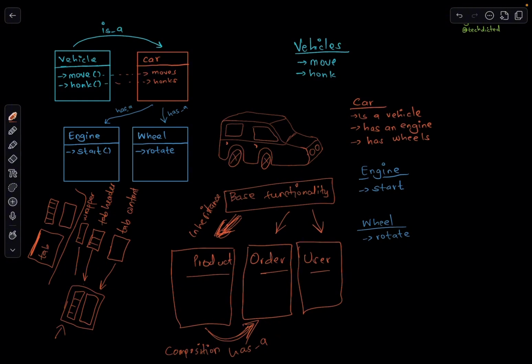So by us composing it, it allows us to use it as one. So that again is an example of composition. That's it from me today. Have a good day.